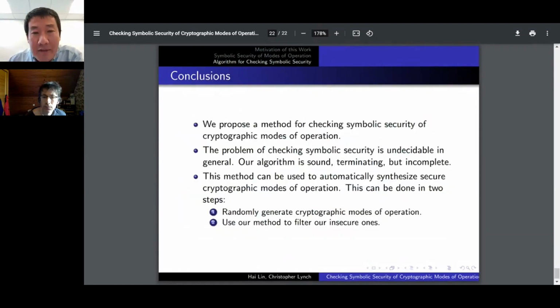We propose a method for checking symbolic security. Because the problem is undecidable in general, our method is sound, terminating but incomplete. We can use this method to automatically synthesize modes of operation. We can do this in 2 steps: first we randomly generate some candidate modes of operation, and then we use our method to filter out insecure ones.